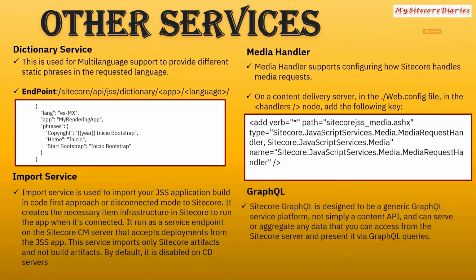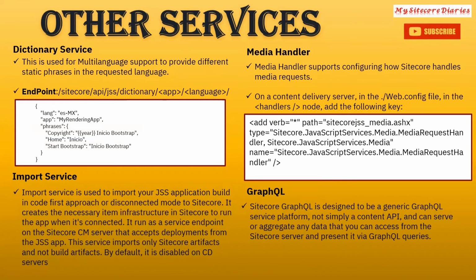Then GraphQL. Sitecore GraphQL API hosts your data and presents it through GraphQL queries. GraphQL is designed to be a generic GraphQL service platform, not simply a content API, and can serve or aggregate the data that you can access from the Sitecore server and present it via the GraphQL query. So basically, the GraphQL endpoint understands the GraphQL language.